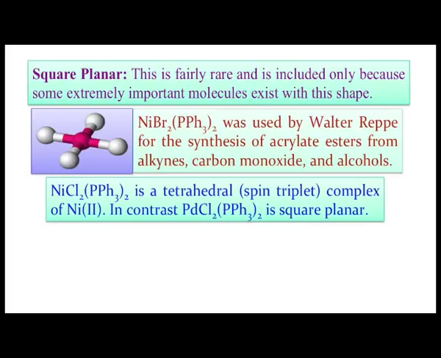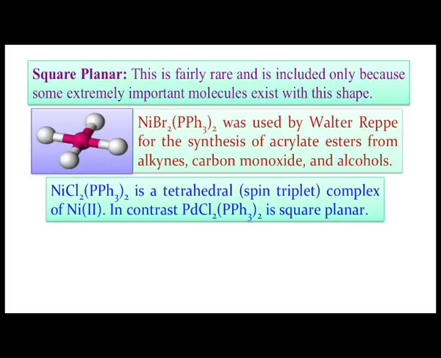So, we get this as the contrasting thing for these two compounds. One is the chloride compound around nickel and another is the chloride compound around palladium, and in palladium the size is basically dictating, and the palladium-phosphorus bond is also dictating, that you will end up with a square planar arrangement.